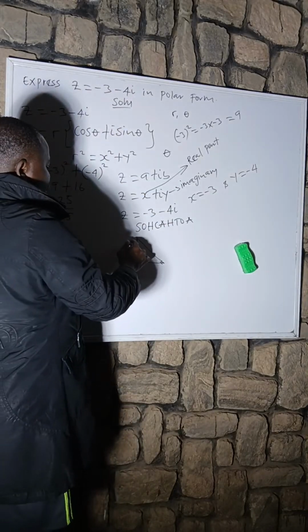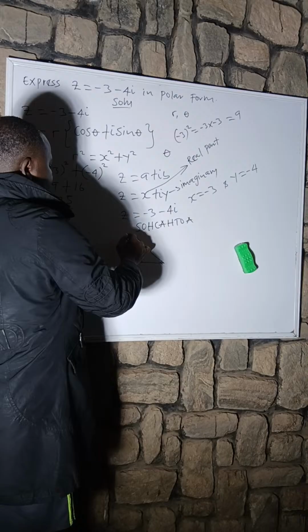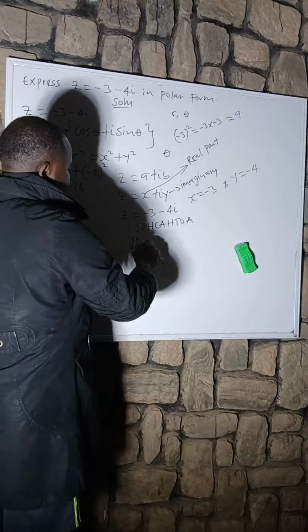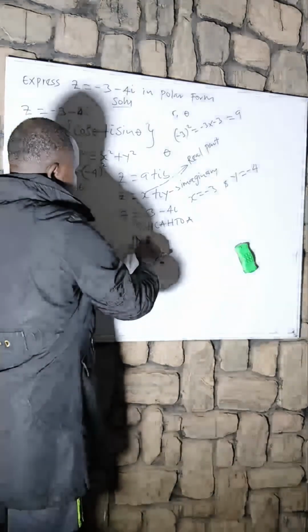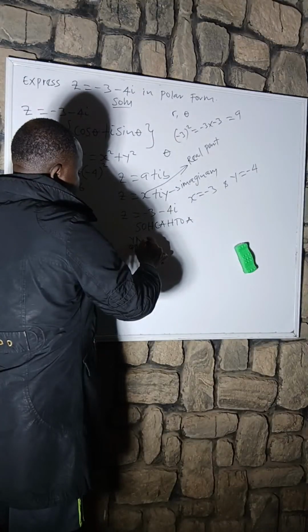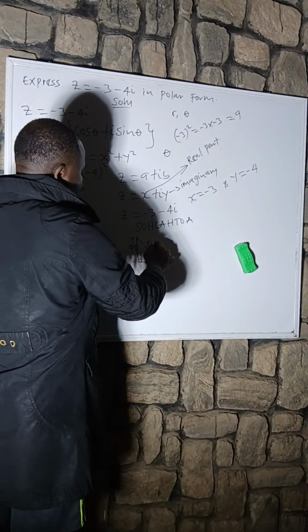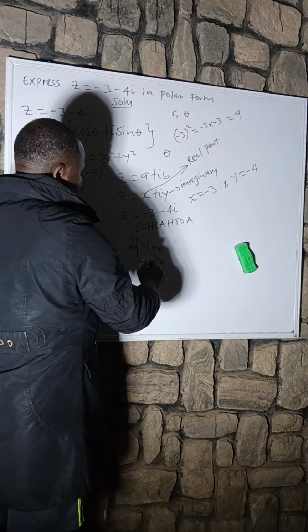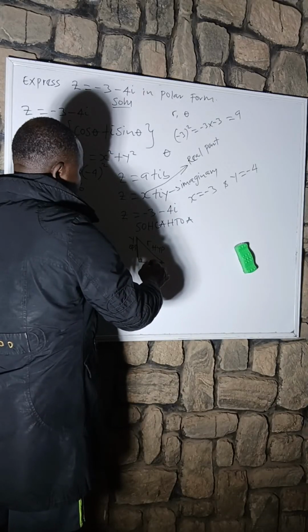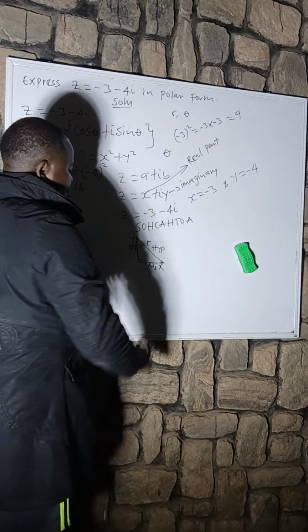Here is opposite, this is y. Then here is r, the hypotenuse. Here is adjacent, x.